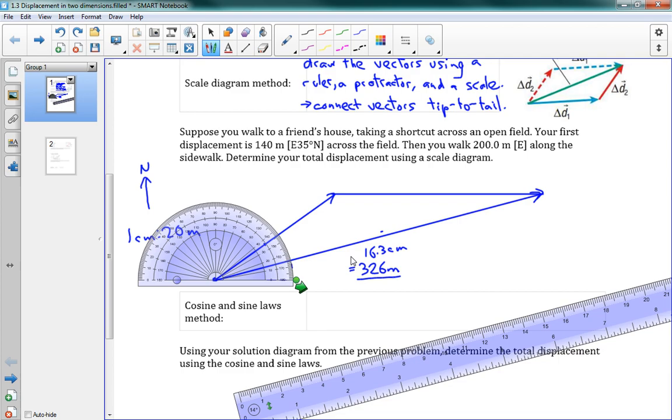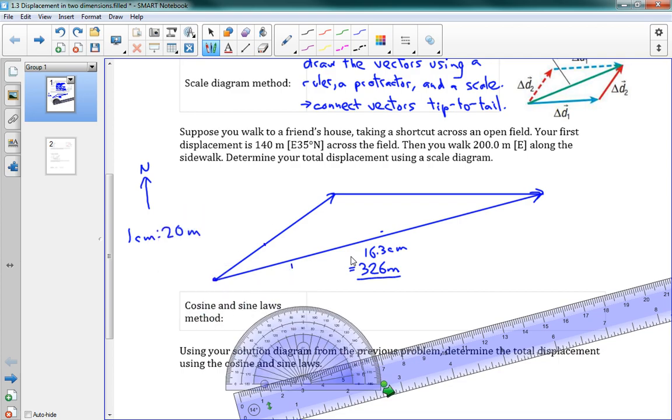So let's just say that that's 15 degrees. So this is about 15 degrees here. So that means that my answer is 326 meters east, 15 degrees towards north. That's my total displacement. Okay, and if I made some mistake, I'm sorry, but that should be about right.